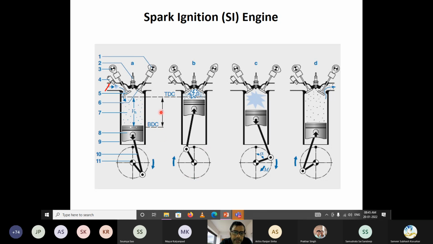Even when the piston is moving from the bottom dead center to the top dead center, your valve is not closed when the piston reaches the BDC. It will remain open for a certain period of time. Why it remains open, right now we are not going to discuss. Just hold that discussion for now.